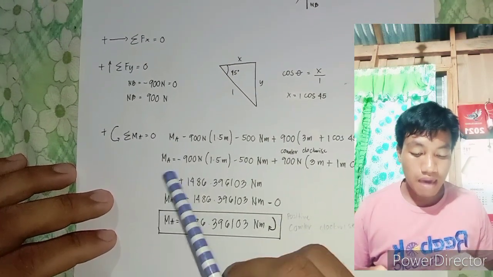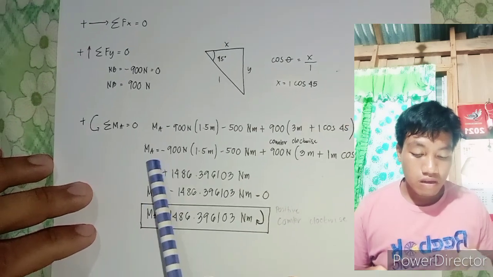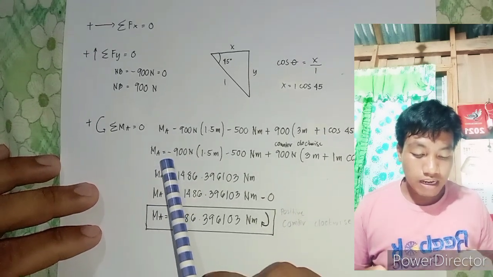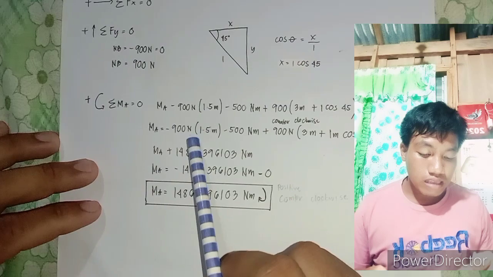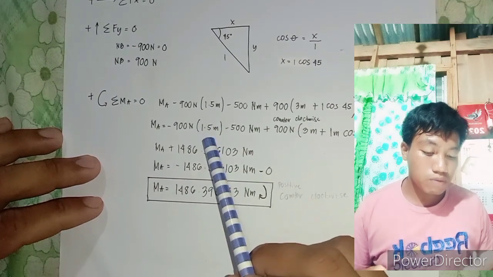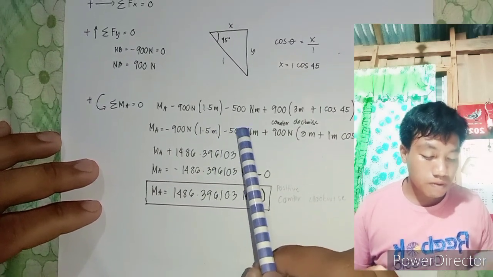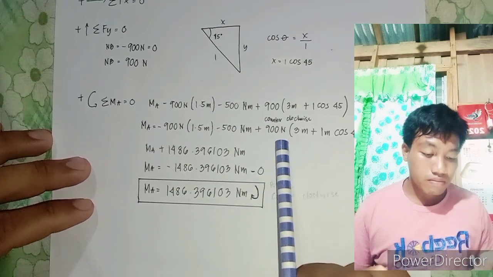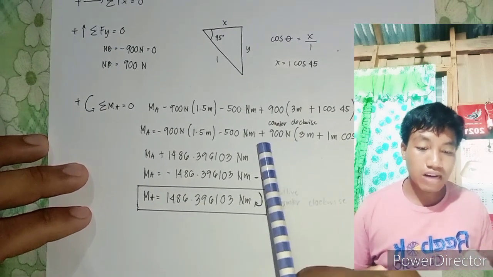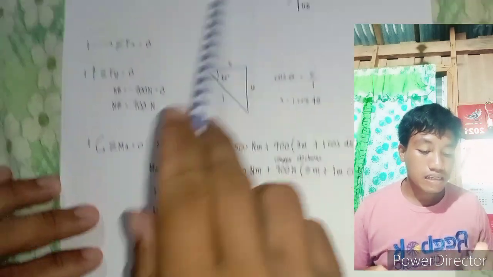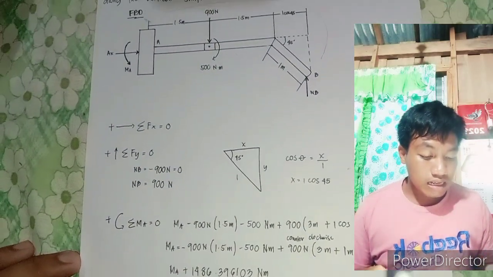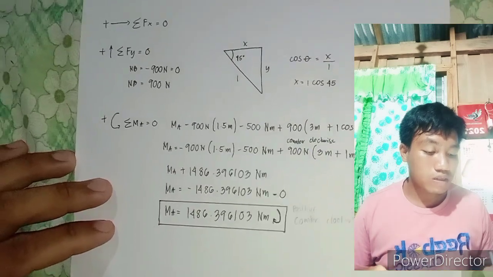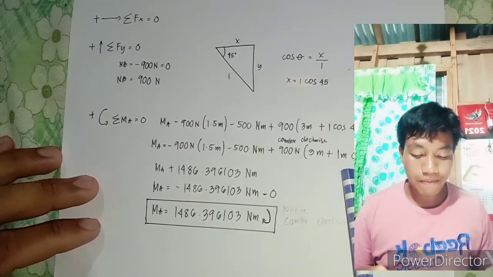So MA is equal to negative 900 Newton times 1.5 meter minus 500 Newton per meter plus 900 Newton, positive because it is counterclockwise, times 3 meters plus 1 meter cosine 45.